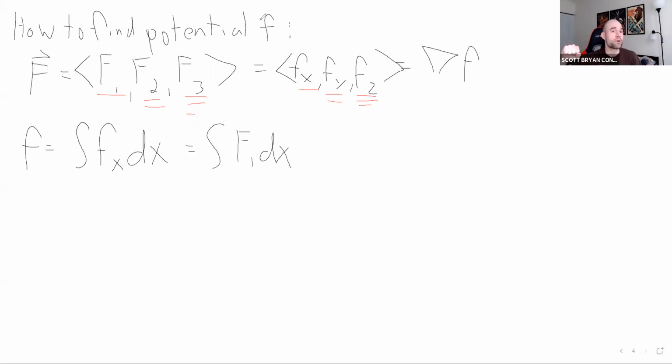Okay, but here's the problem. If we have, say, just a function of one variable, just a function of x, when we take the derivative, what stuff is lost? What gets killed off and becomes zero? Well, any constants.